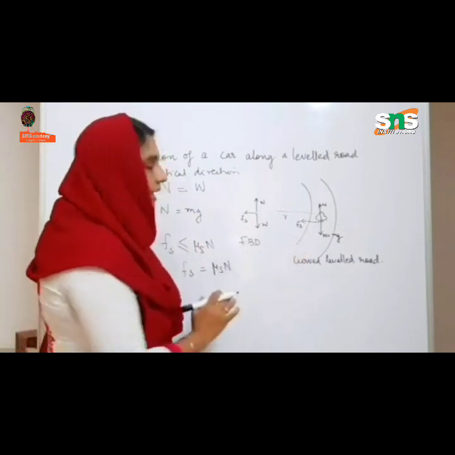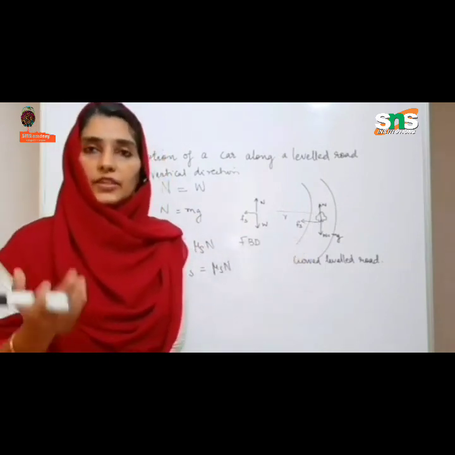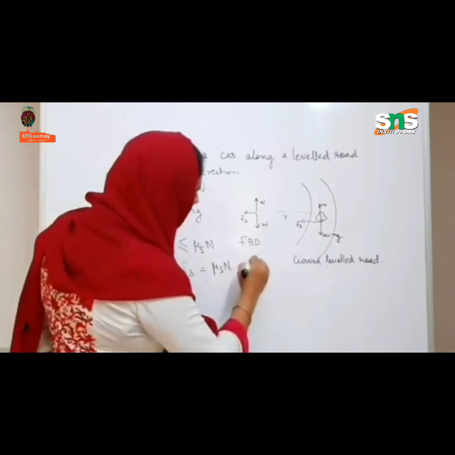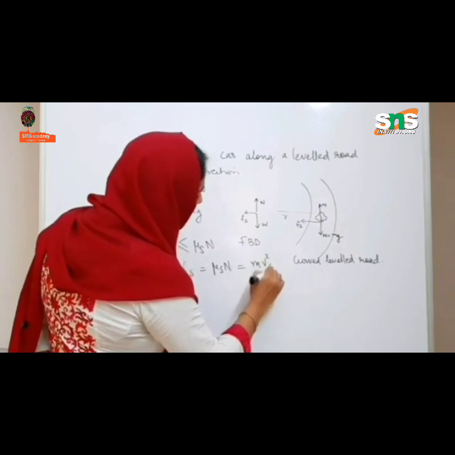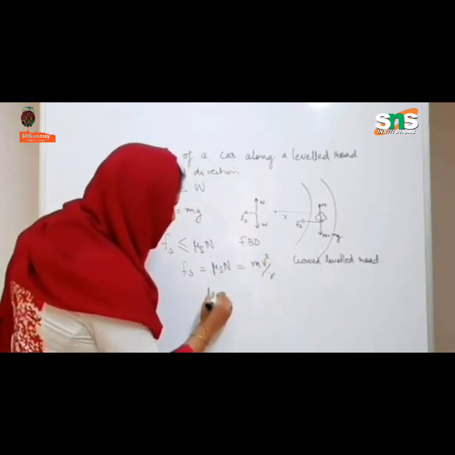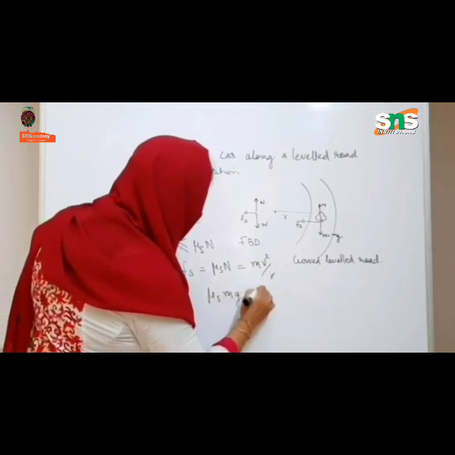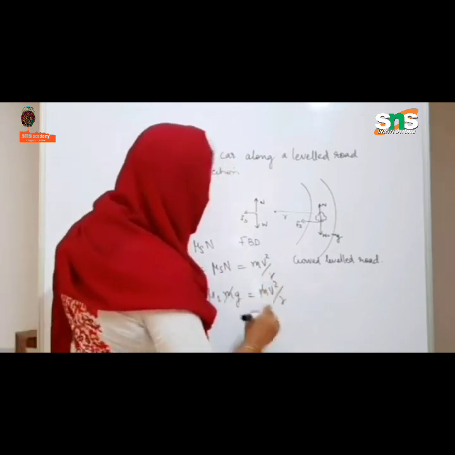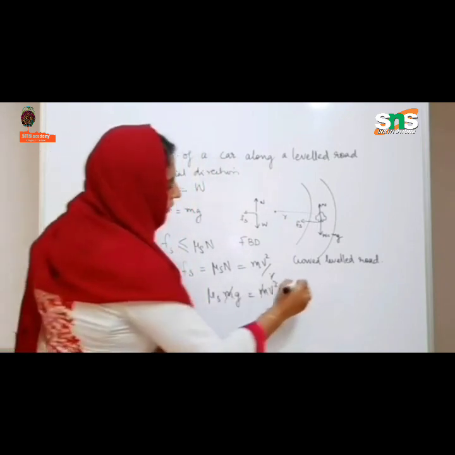The frictional force provides the necessary centripetal force, so this will be equal to mv square by r. So let us write mu s into mg is equal to mv square by r. m gets cancelled, and what you get as an expression for v square is this.